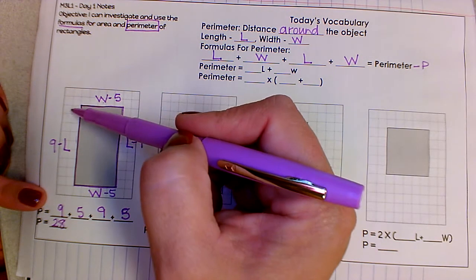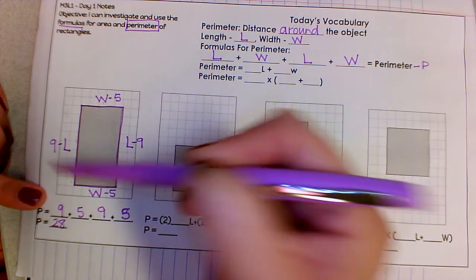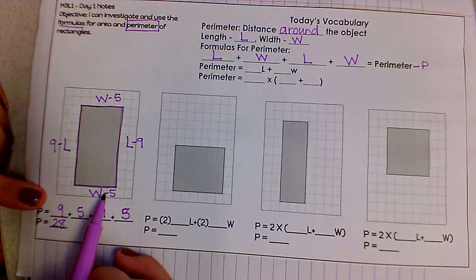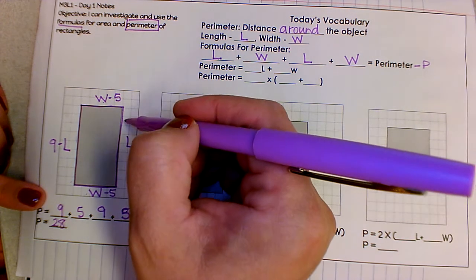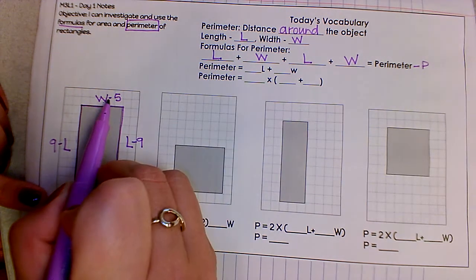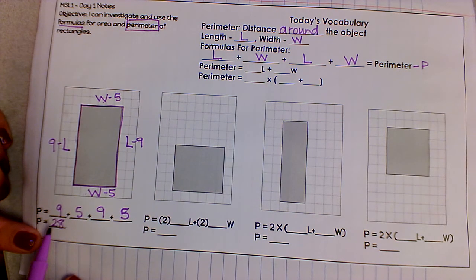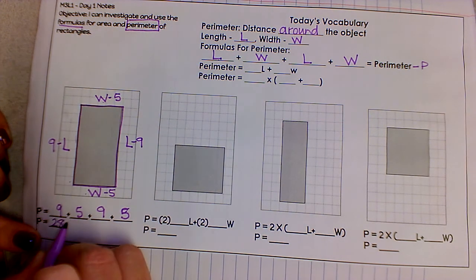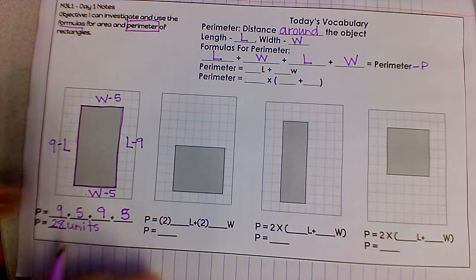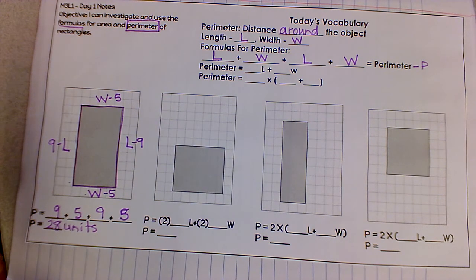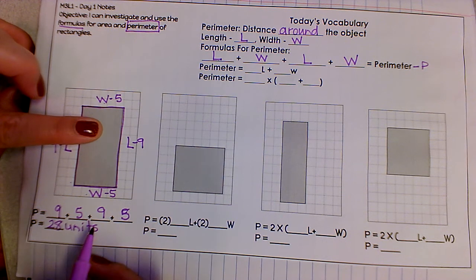Let's see if we're right. 1, 2, 3, 4, 5, 6, 7, 8, 9, 10, 11, 12, 13, 14, 15, 16, 17, 18, 19, 20, 21, 22, 23, 24, 25, 26, 27, 28. Were we correct? Yes, it was 28 units, because each of those is a unit. So the perimeter of this rectangle is 28 units.